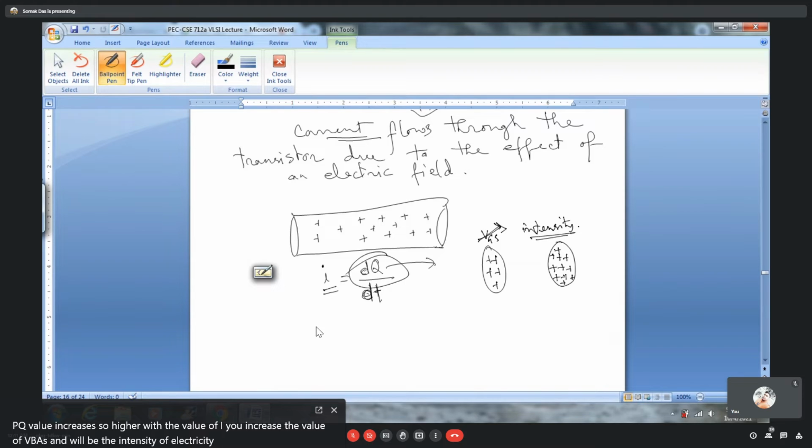This will induce more positive charge carriers within the channel. So if you take a cross section of the channel, higher will be the number of actual holes or positive charge carriers. So this dq value will suddenly increase as you increase the value of VGS. So higher will be the value of I. As simple as that.